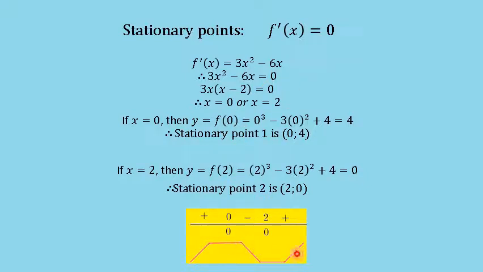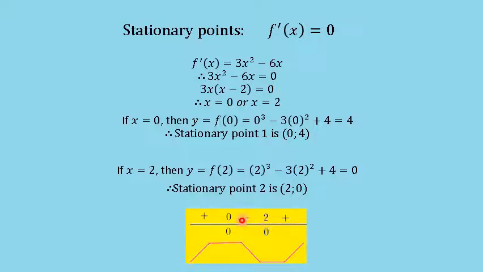So from the knowledge of analytical geometry, we know that a line which has a gradient of 0 is parallel to the x-axis. So as you can see, this part I've drawn parallel to the x-axis, and again this part parallel to the x-axis. It means when x is equal to 0, the gradient is equal to 0, it's parallel to the x-axis, and when x equals 2, the gradient is equal to 0, it's parallel to the x-axis.